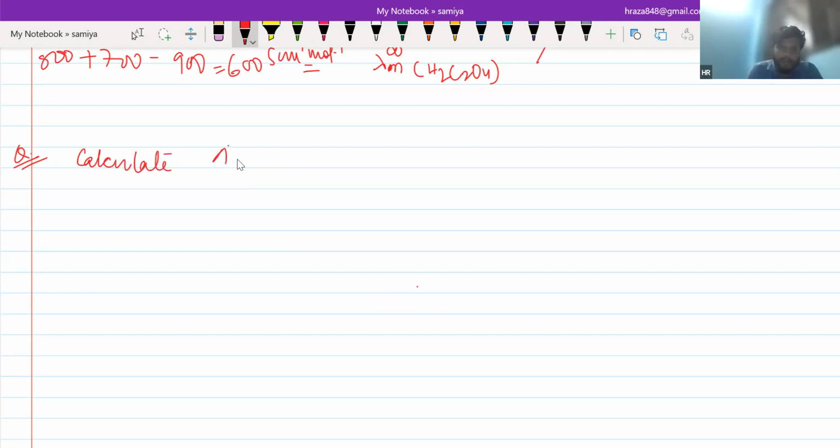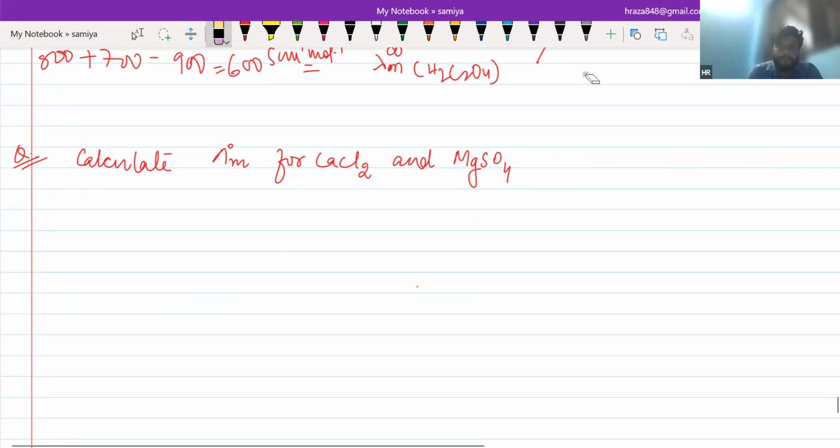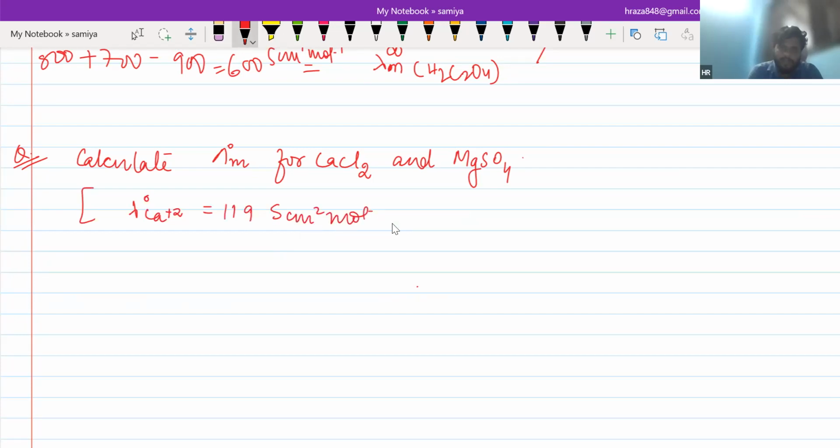Calculate lambda naught m for calcium chloride CaCl2 and MgSO4, that is magnesium sulfate. It is given that lambda naught Ca^2+ has a value of 190 Siemens centimeter square per mole. This chapter is very important.